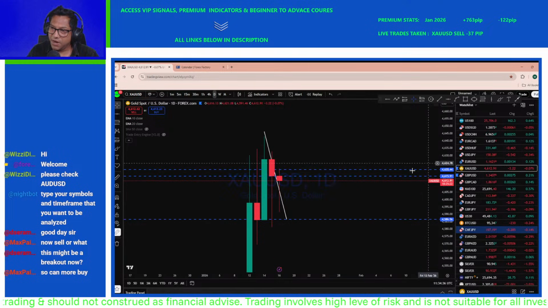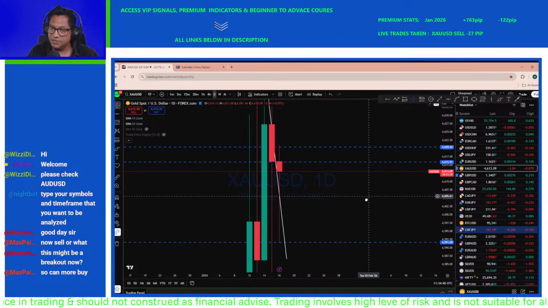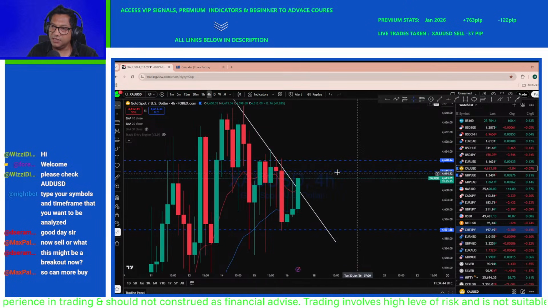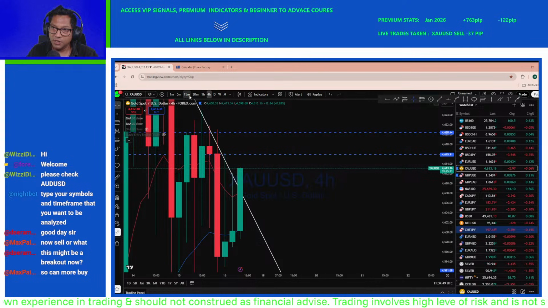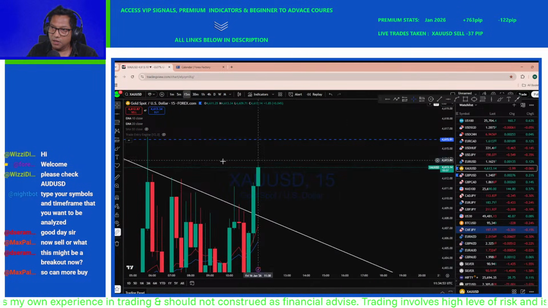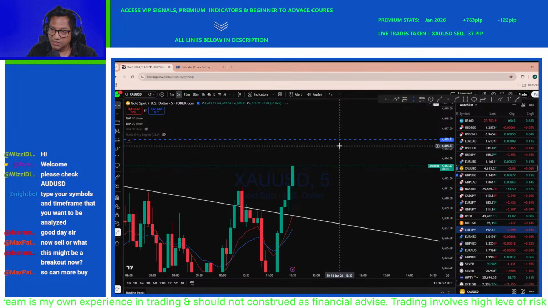But at the same time, if you look at today's low here, the market tested this daily low, and because it tested this daily low, we will be waiting on this market structure for a bullish bias in this market.